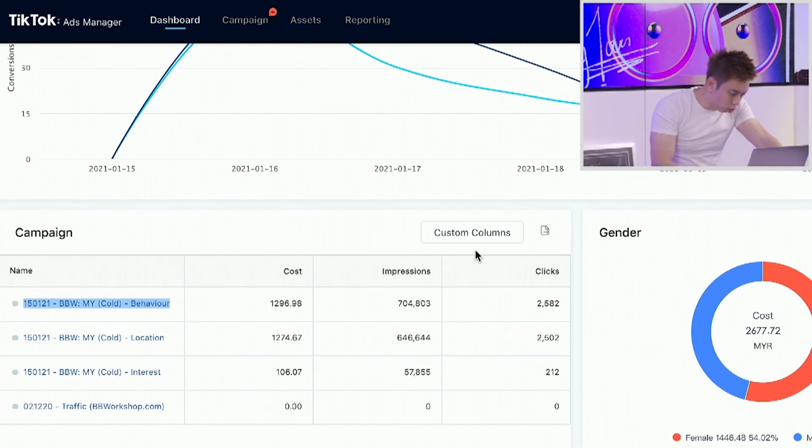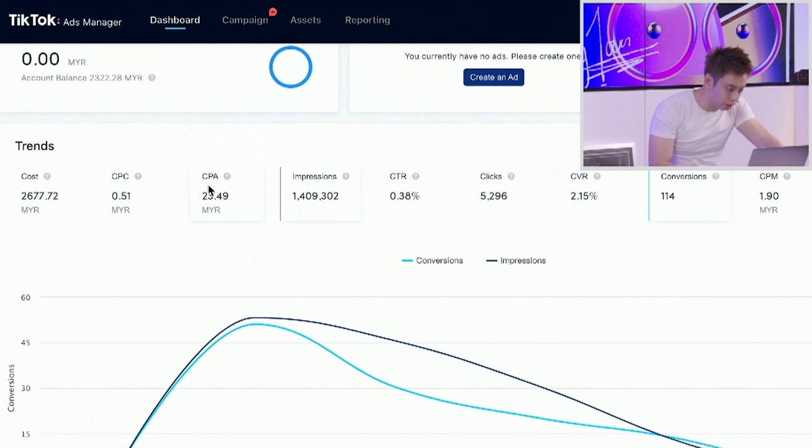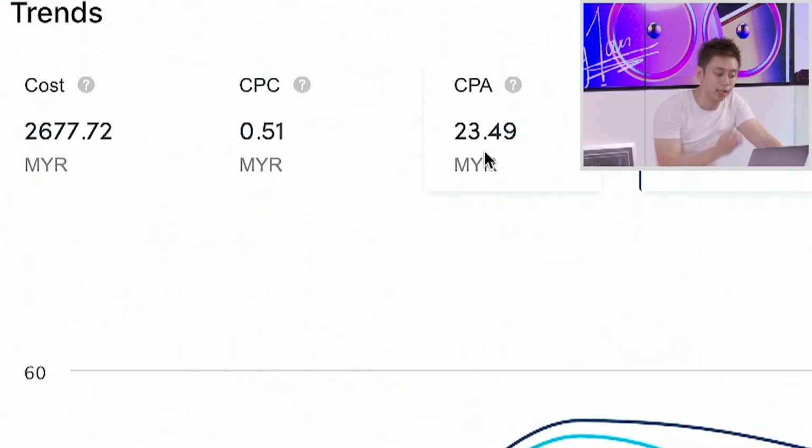That being said, you'll also see that the targeting is also very similar to Facebook. It's just based on interest, broad, look-alike. And ultimately, if you take a look at this number here, which is the most important number, you can see it says CPA. Now, what is CPA? It's basically your cost per action. How much did it cost you to get a specific action?